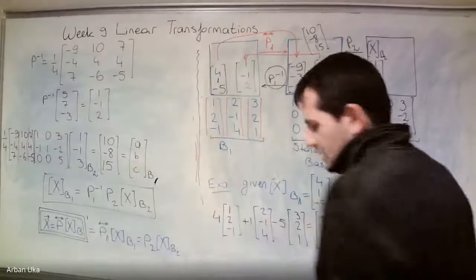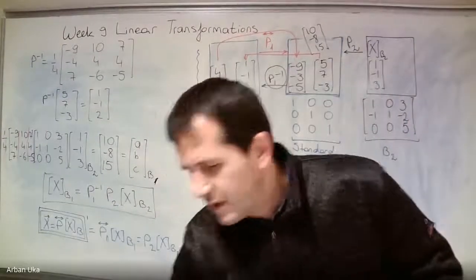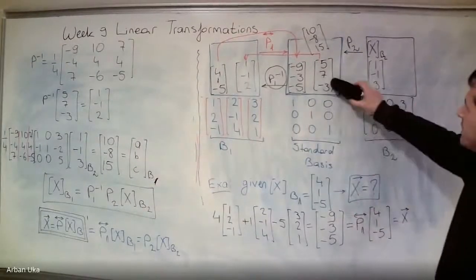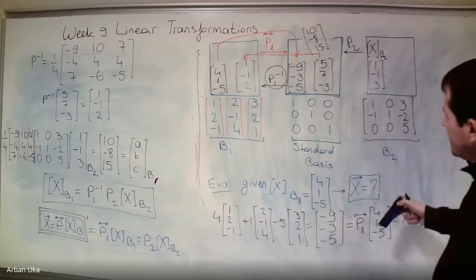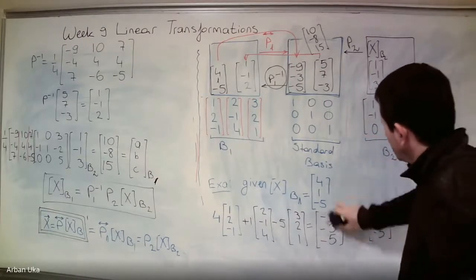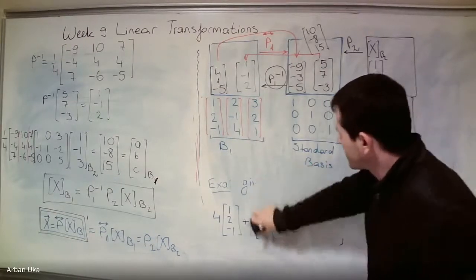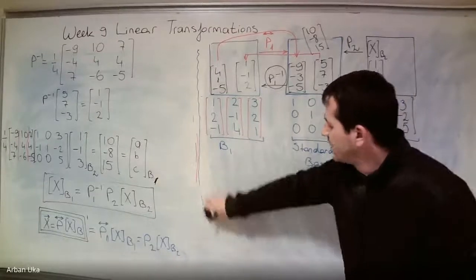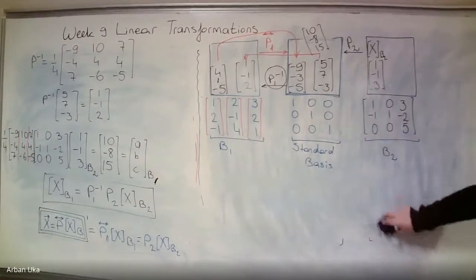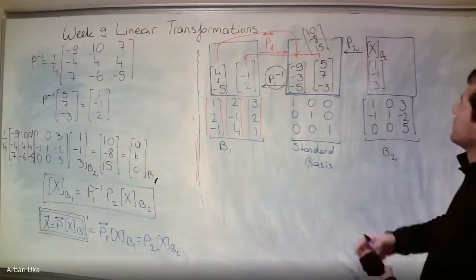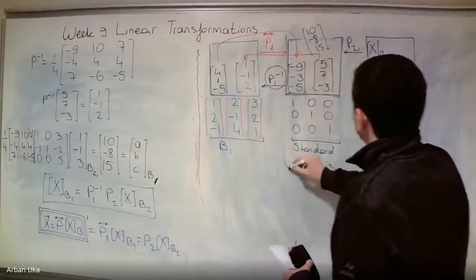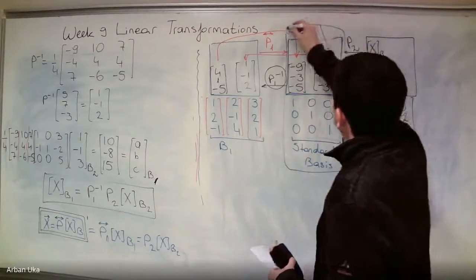So it looks like we can keep the standard basis in the center. What we mean by the center is that we can use it as a very good reference point to transform from one basis to another. So here we have the central picture.